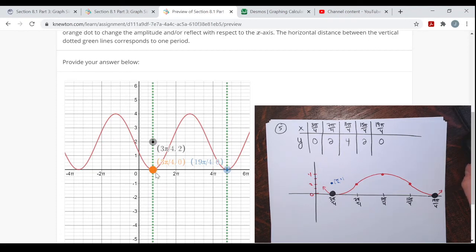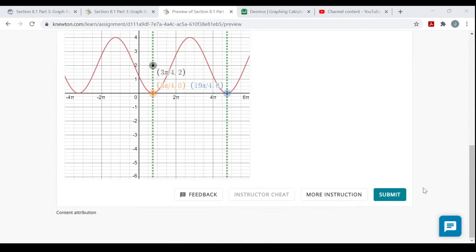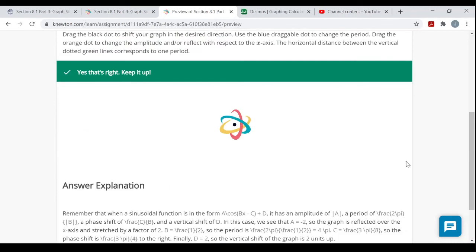Starting here at the bottom of this dip at 3 pi over 4 comma 0, and then it goes through one cycle, and the end of the first cycle is at 19 pi over 4 comma 0, which you see in this picture. Looks like my drawing, only better, because it is a computer drawing, right? Looks like I graphed this nicely. Wonderful.